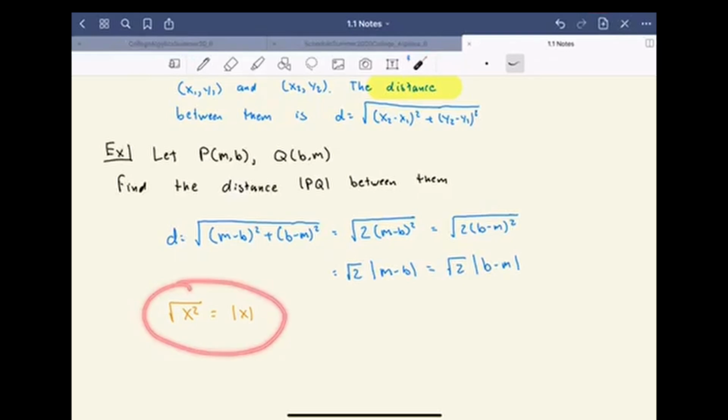Okay, so just keep that in mind. It's very easy to say that it's x, but it's not always x, because if x is negative, then you'll have the negative of x. Okay, I know it's confusing.